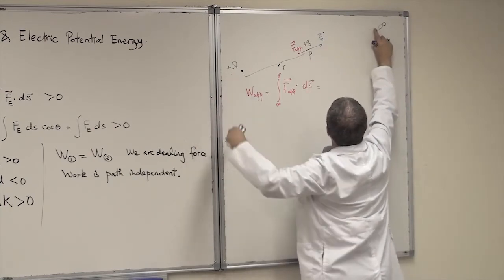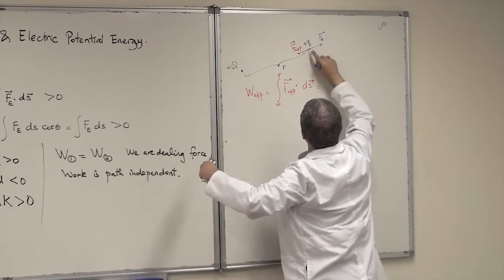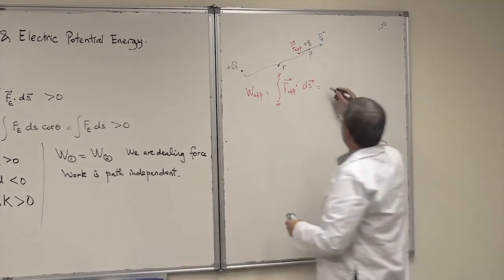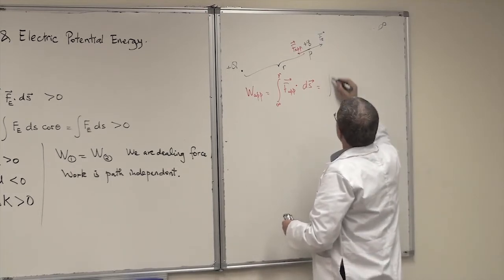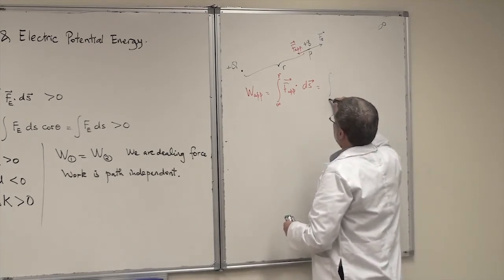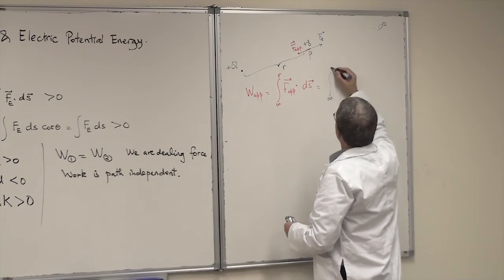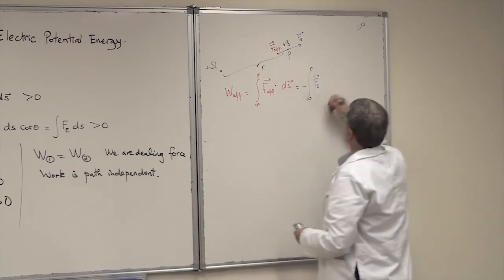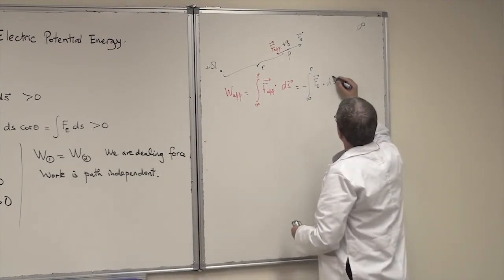Since I'm moving the particle at constant speed to this point, the two forces should be equal. So this is equal to the integral from infinity to r, with a minus sign, of F electric dot ds. I told you the two forces are opposite, so there's a minus sign.